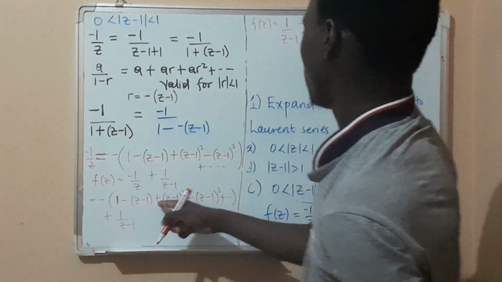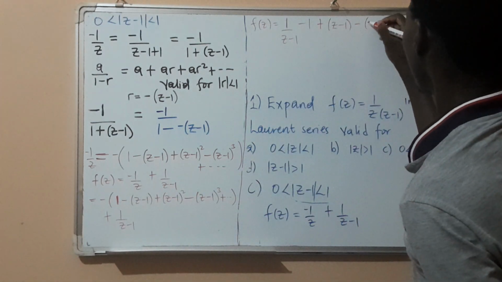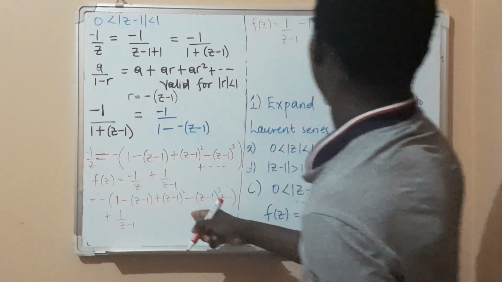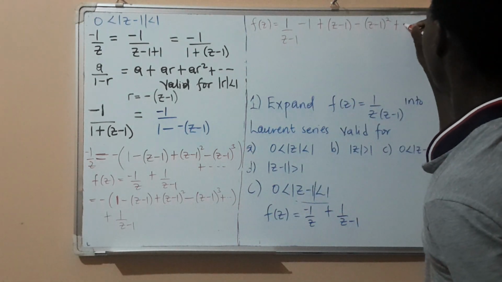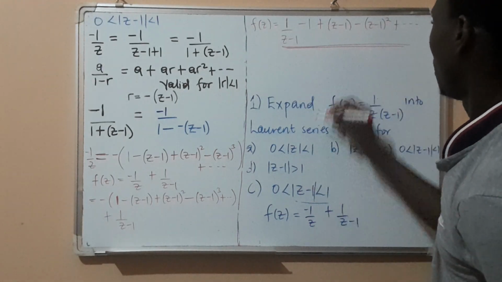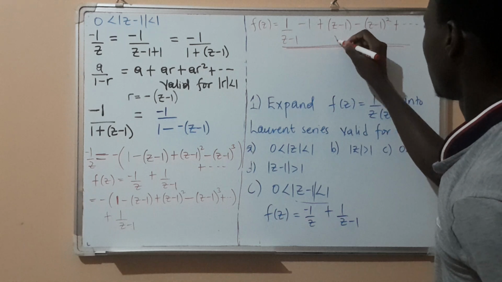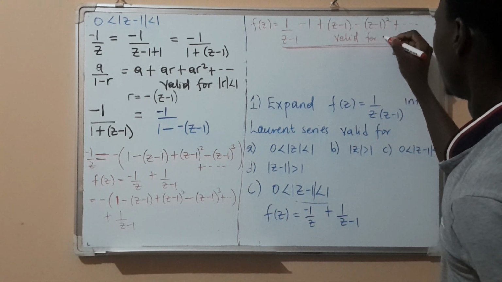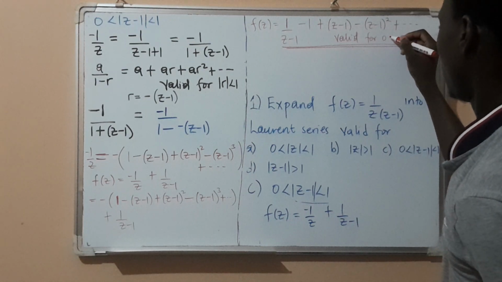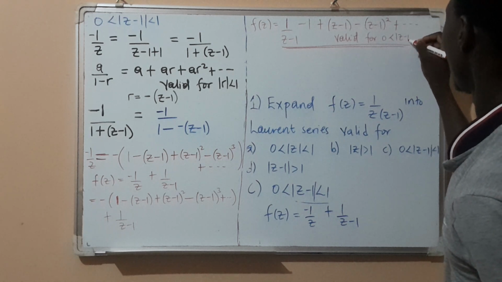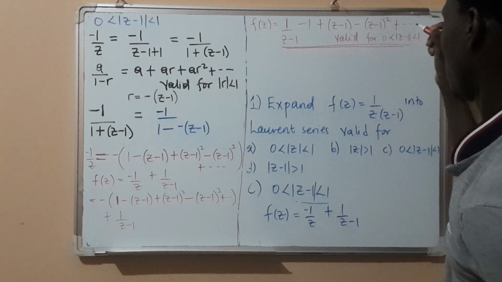So this is a plus, this is a minus, z minus 1 squared, a plus. This is the required series representation, valid for 0 less than absolute z minus 1 less than 1.